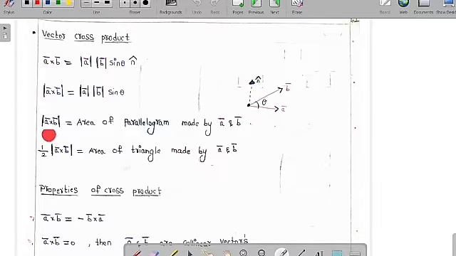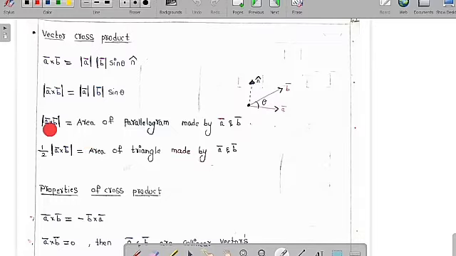Suppose you draw a parallelogram with the help of these two vectors. Then the area of the parallelogram is nothing but the magnitude of the cross product. So this gives you the area of the parallelogram formed by the two vectors A bar and B bar.